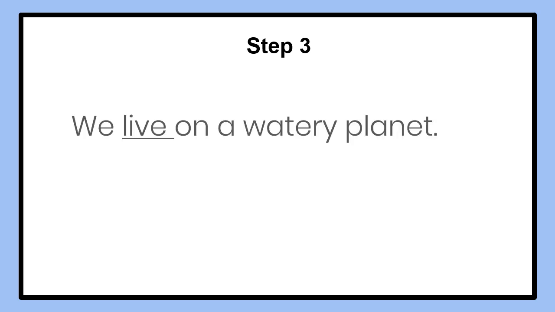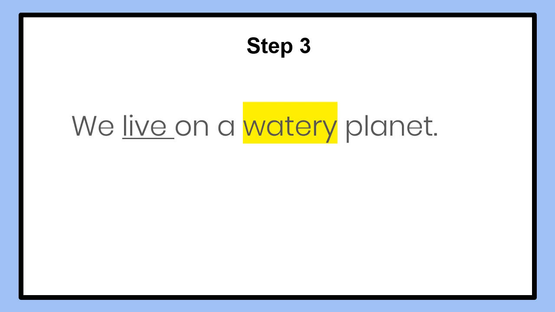Let's look at one of our sentences. Can we identify the parts of speech in this sentence? What is the part of speech of the word we in this sentence? Great job. We is a pronoun that gives the subject of the sentence. Live. We already identified live as the verb of what we do.